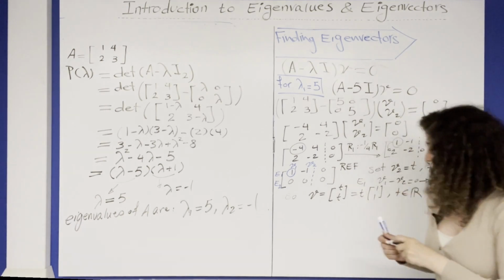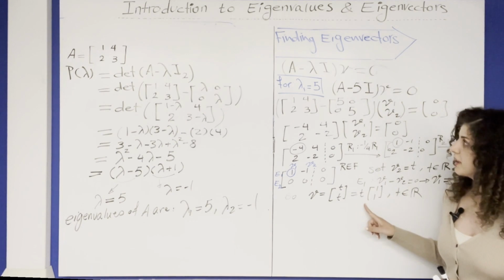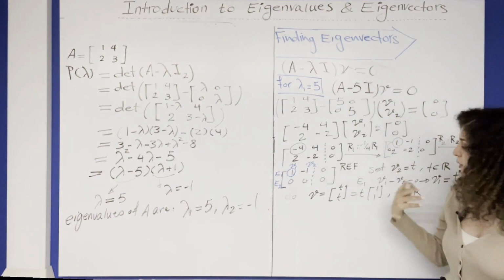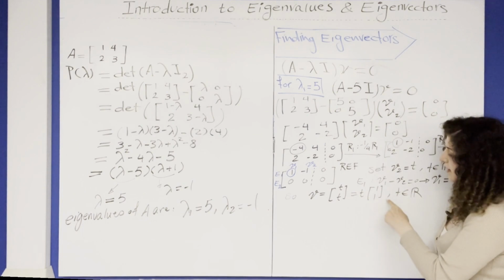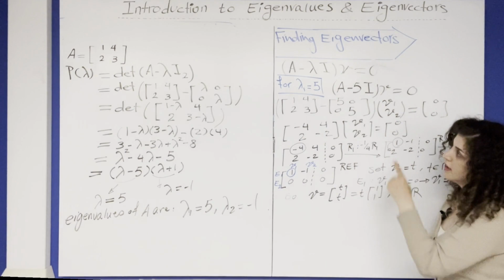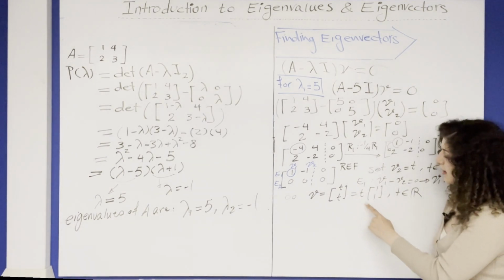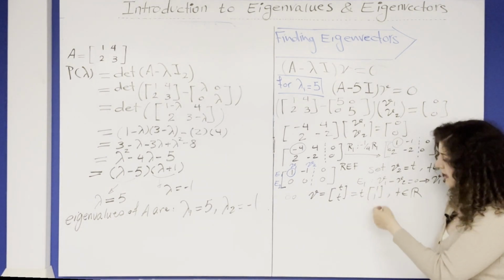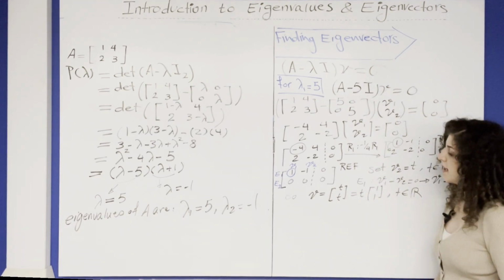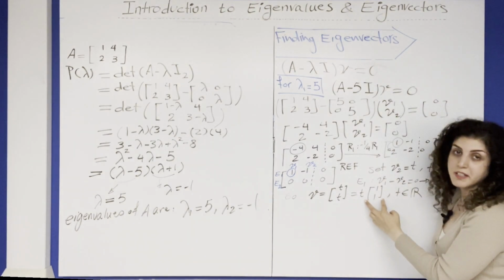So this is actually giving me the set of eigenvectors corresponding to eigenvalue 5. So for different t's, you will get different vectors, right? And all of them are actually eigenvectors for lambda 1 being 5. In particular, if t is 1, then this gives you one example of eigenvectors of eigenvalue 5, and this is exactly the vector we saw at the beginning in the example, in the geometric interpretation, right?